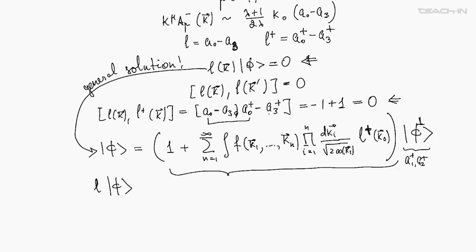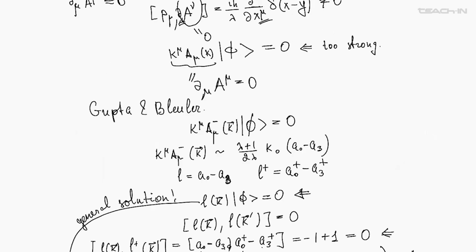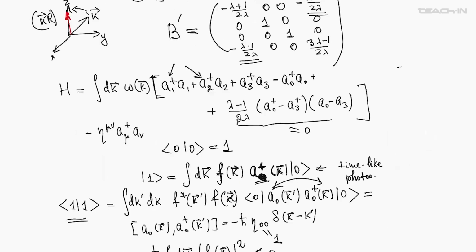In particular, in the Hamiltonian, the term which depends on lambda, you saw this term here, is written as L dagger multiplied by L. And so when you act by the Hamiltonian on such a state phi, since it is annihilated by L, this term on such states simply decouples. And your Hamiltonian takes the same form as for lambda equal to 1.